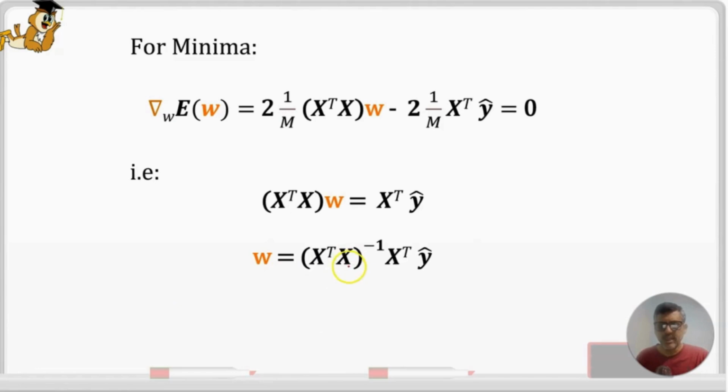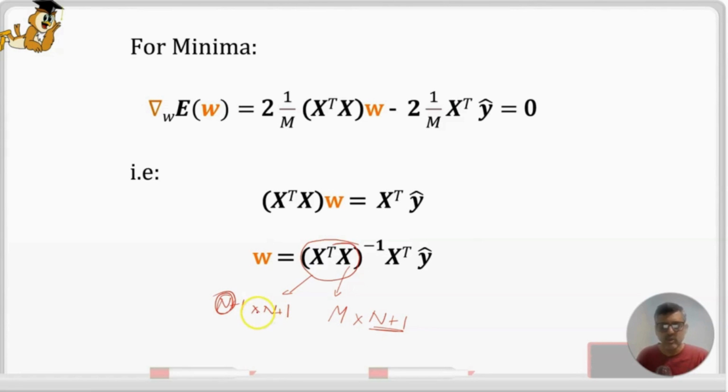Remember the size of the matrix X was M into N plus 1, so it had N plus 1 columns. Therefore the matrix X transpose X has size N plus 1 by N plus 1, where N is the number of your independent variables.